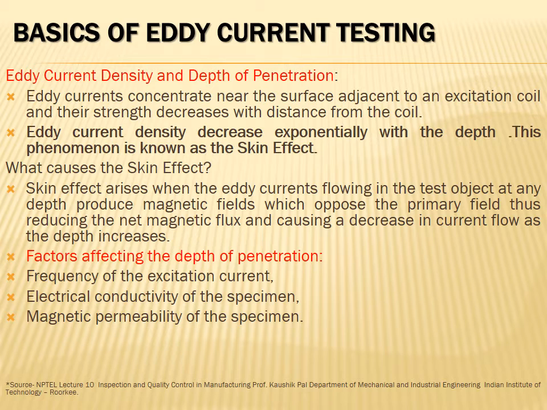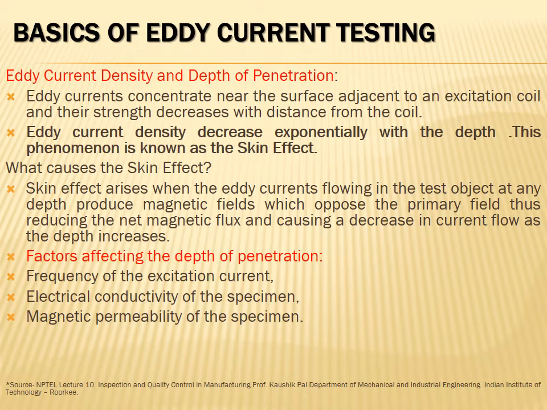Okay, what causes the skin effect? That is also important. How does that skin effect arise? Skin effect arises when the eddy currents flowing in the test object at any depth produce a magnetic field which opposes the primary field, thus reducing the net magnetic flux and causing a decrease in current flow as the depth increases.